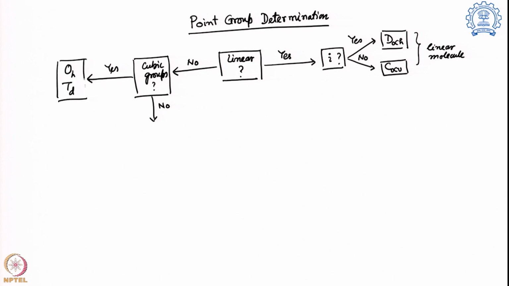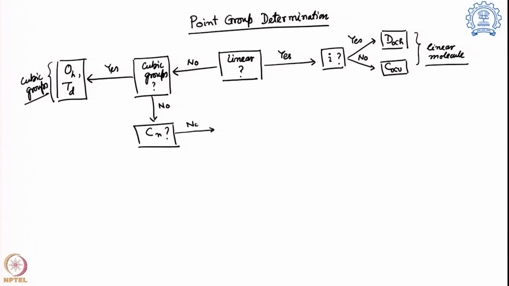So, if the molecule is not linear but belongs to a particular point group which is easy to figure out, then it belongs to these cubic groups. Most of the time the molecules that we are dealing with are not that simple; they are neither linear nor in a cubic group, they will be much more complex than that. There we need to ask the next question: it is not linear, it is not a cubic group, do you have an axis of rotation or not?